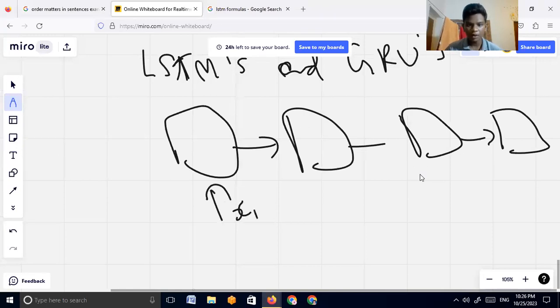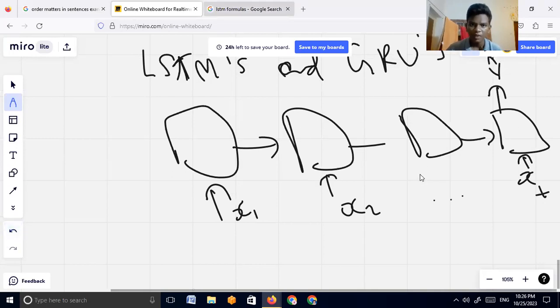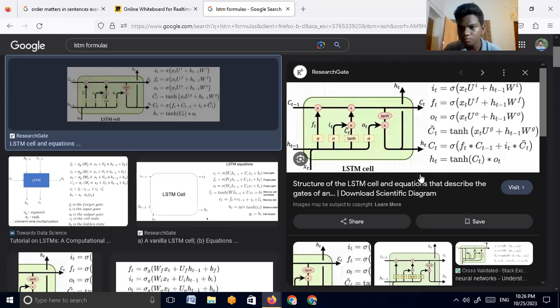We've got x1, x2 up to xt, and we're going to predict the next word, y hat, or something like that. Right here, you could see xt.